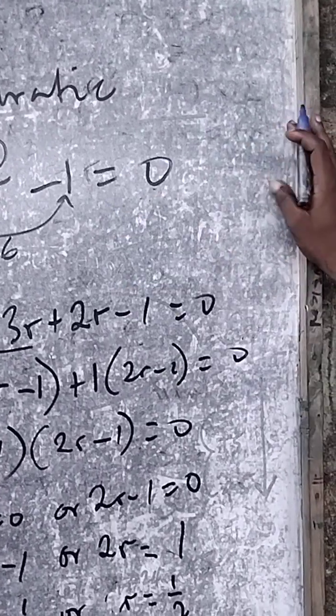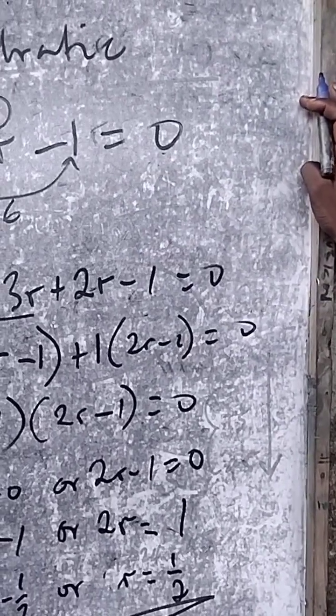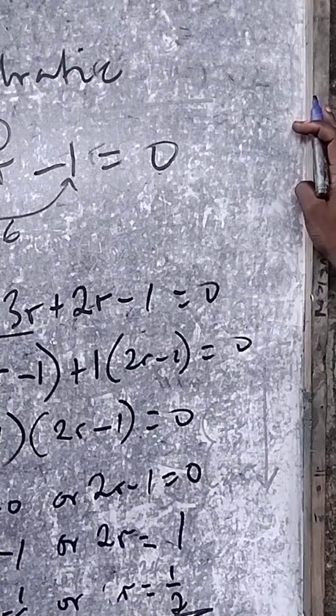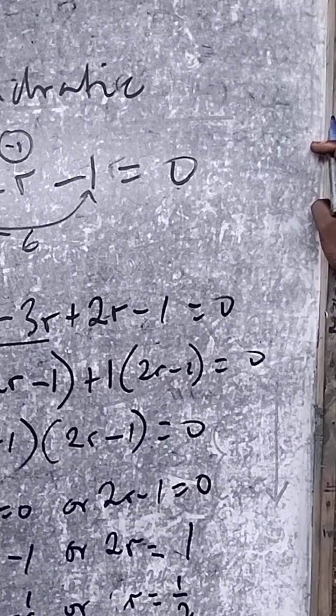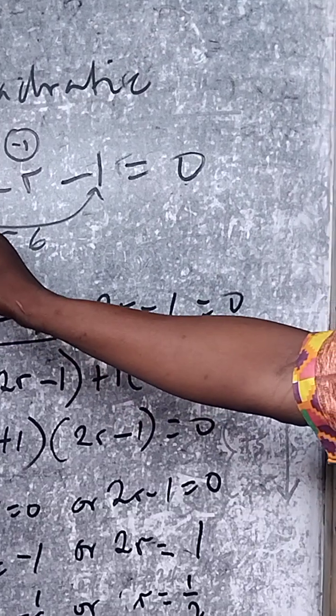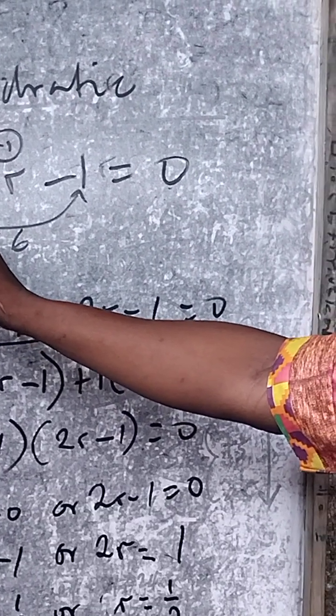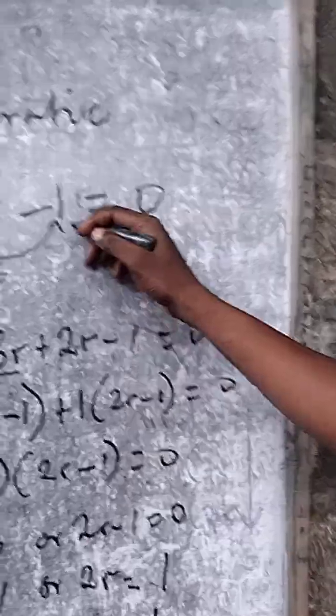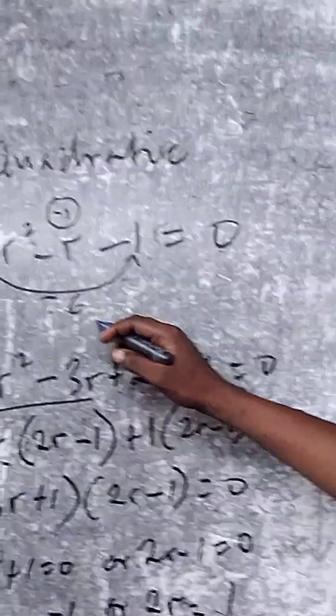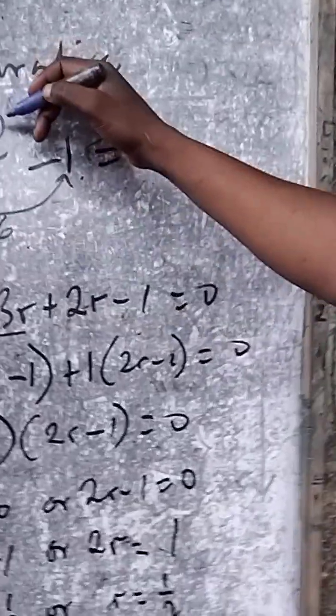Now analyzing this quadratic using factorization, you multiply the coefficient of R square by this minus 1, and you are going to have minus 6. Then the coefficient of R is minus 1.